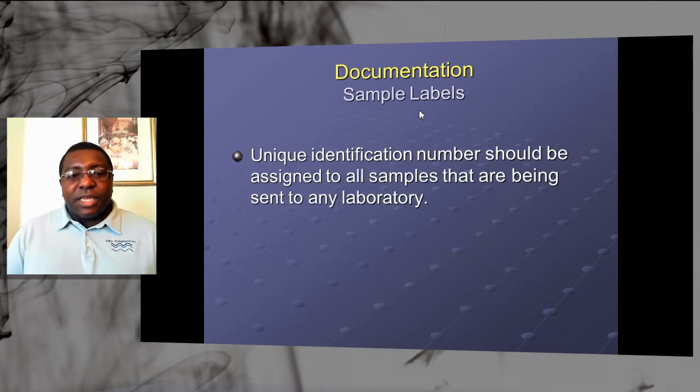So that's basic information. You're going to want a unique identification number on all your samples coming into the lab. So let's say you have 3 raw samples, and you don't want your logbook to say just headworks raw sample.